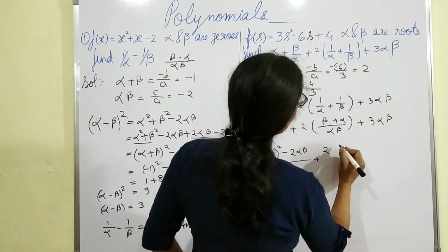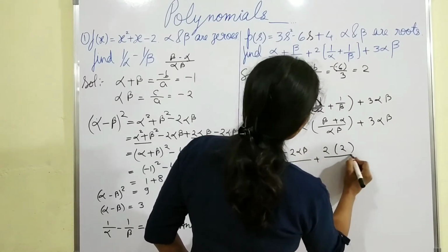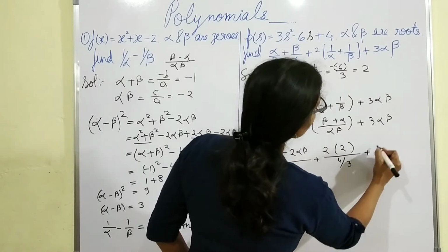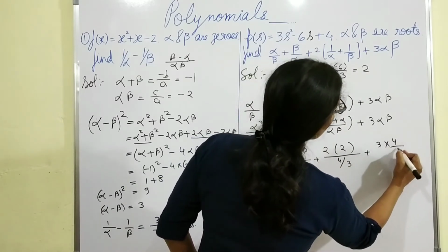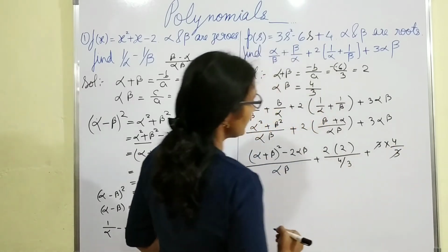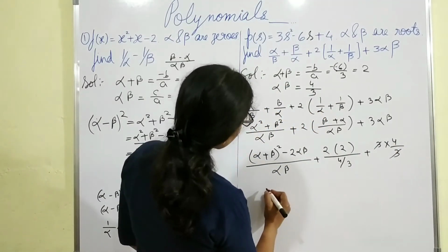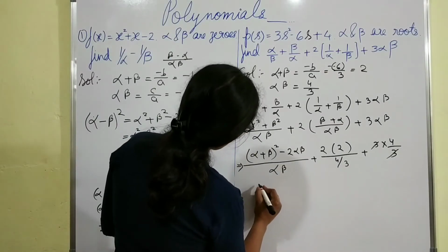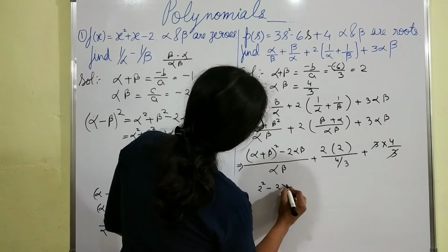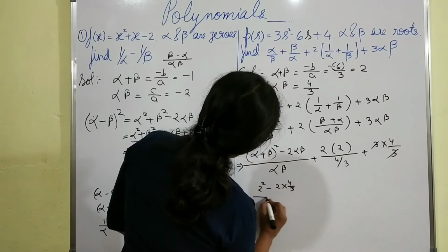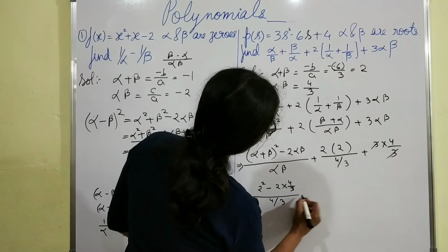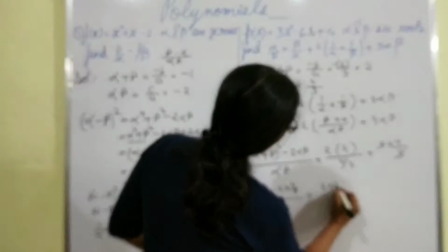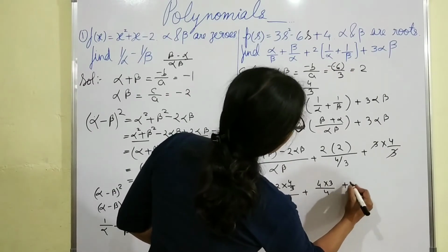The value of the sum of the zeros is 2 and the value of the product of the zeros is 4 upon 3, plus 3 into 4 upon 3. The 3 and 3 will be cancelled. So, (2 square minus 2 into 4 upon 3) whole upon 4 upon 3, plus 4 into 3 upon 4, plus 4.